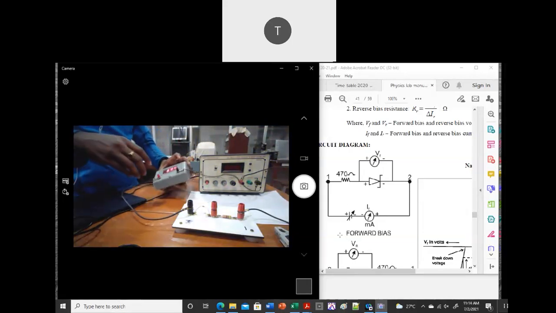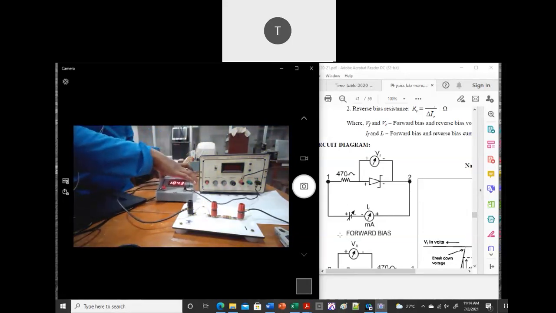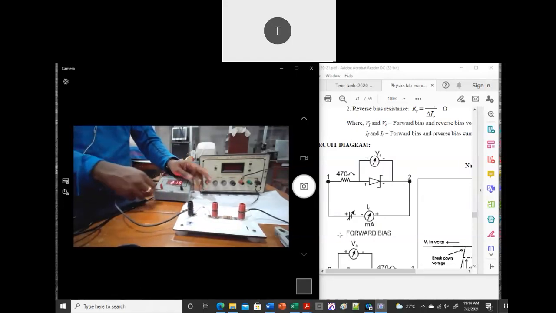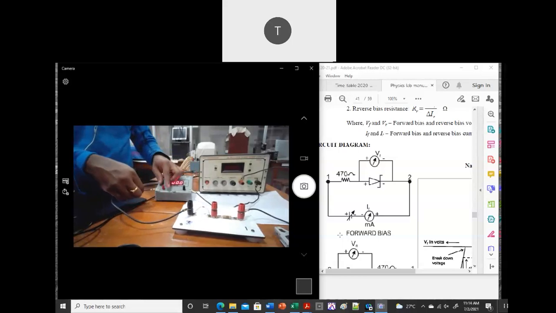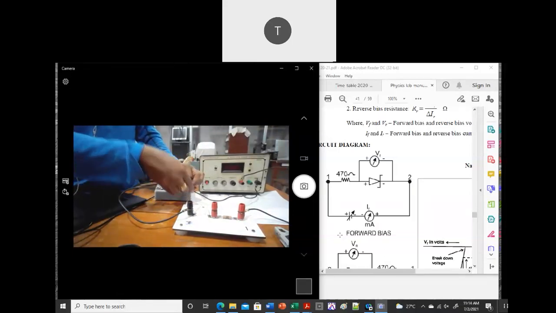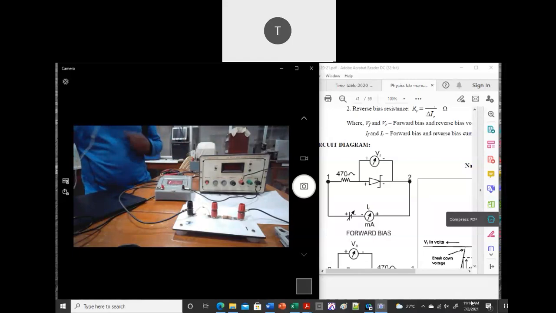I think there is some problem in this. Let us see why it is moving like that. So you can see this is the circuit. From positive to 1, and then 2 to positive of the ammeter, and then negative of the ammeter to negative of the battery.